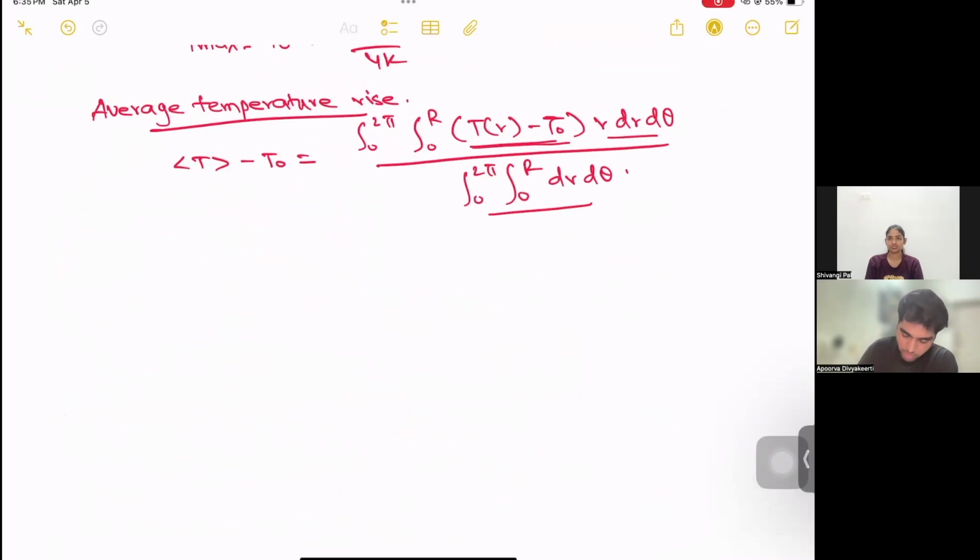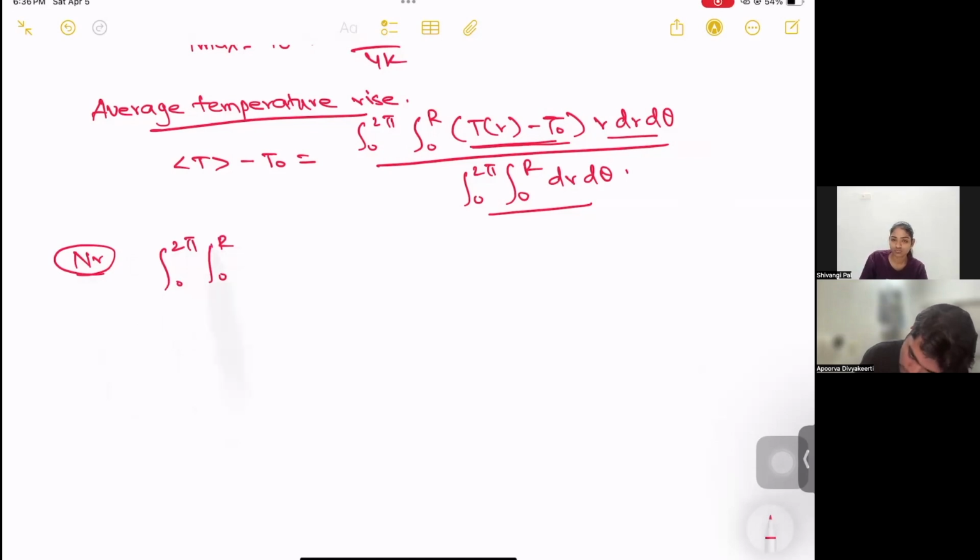So how do we get this? T average minus T naught equals the numerator divided by the denominator. Calculating this, we'll do the numerator individually. The numerator is the integral from 0 to 2 pi, 0 to R, of T(r) minus T naught, r dr d theta.